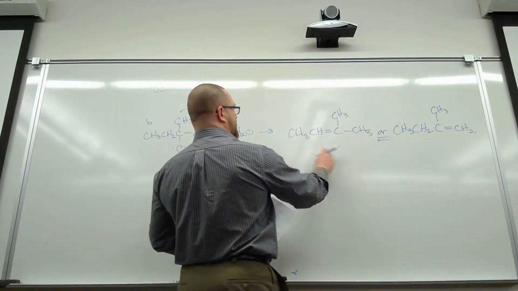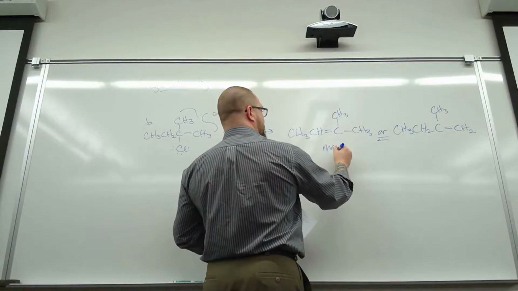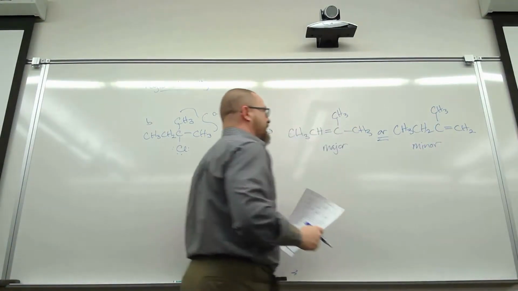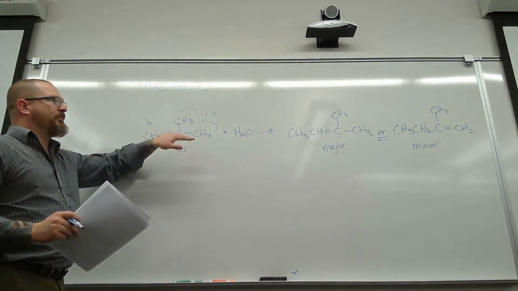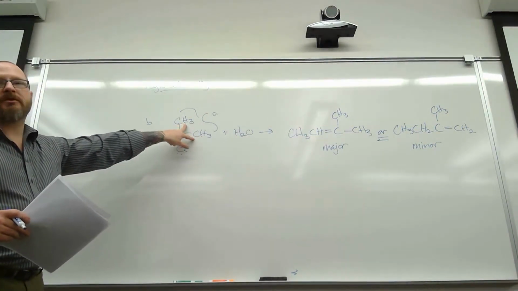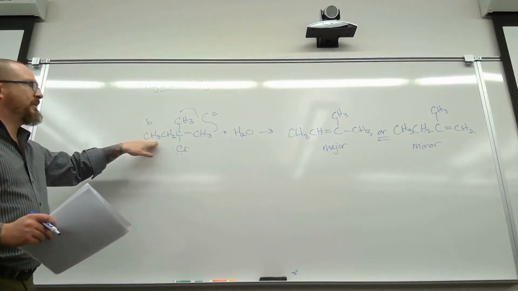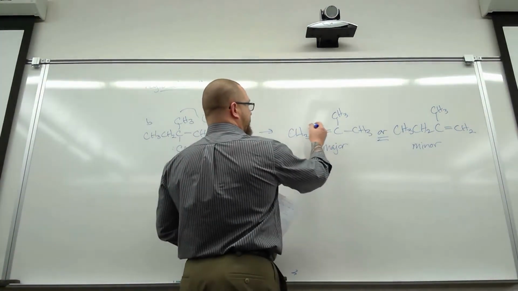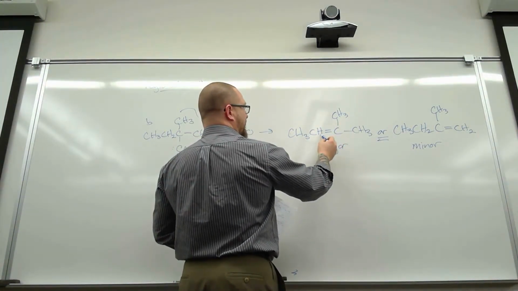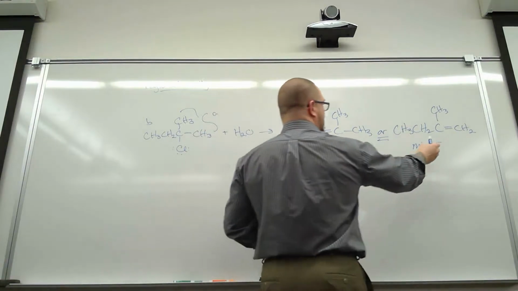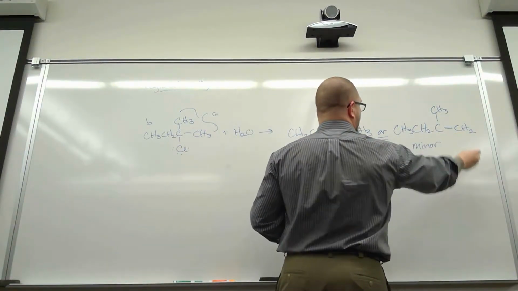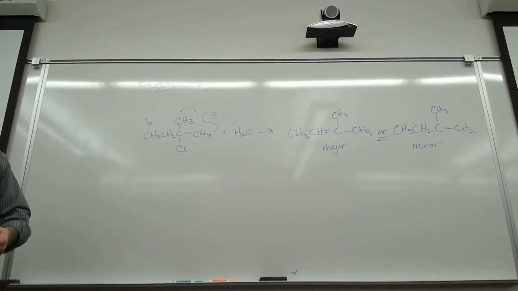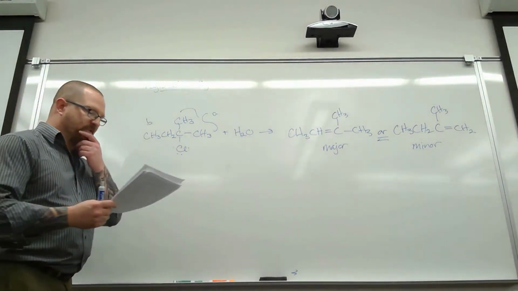This one. That's our major product. This is our minor product. Even though we have twice the opportunity to pull from these positions, this is a more stable product because we have more substitution around the double bond. Here, the double bond has a single proton. Here, the double bond has two protons. So you have more carbons around that double bond, which stabilizes it through hyperconjugation.